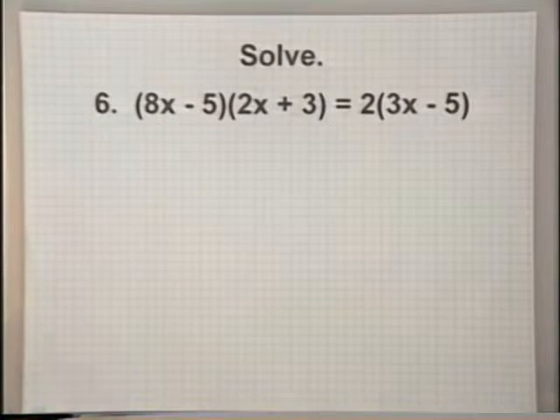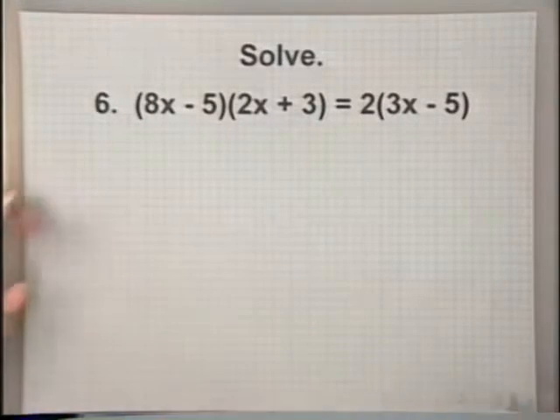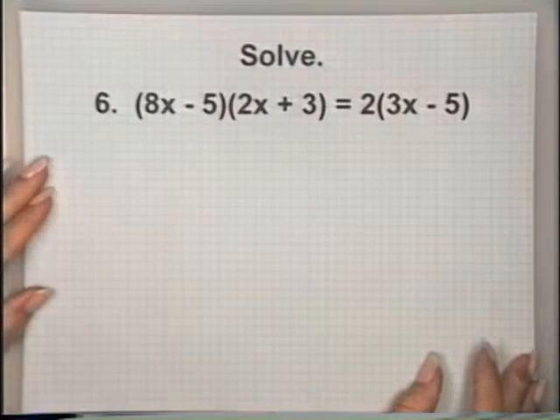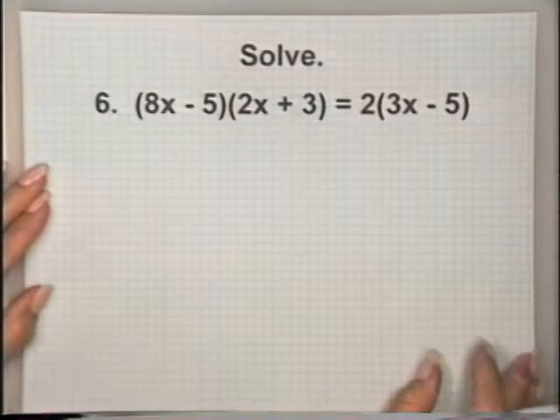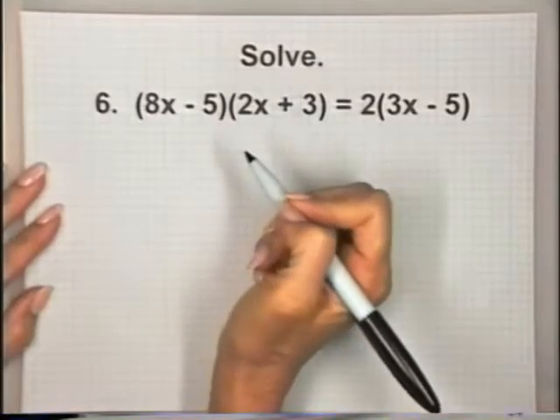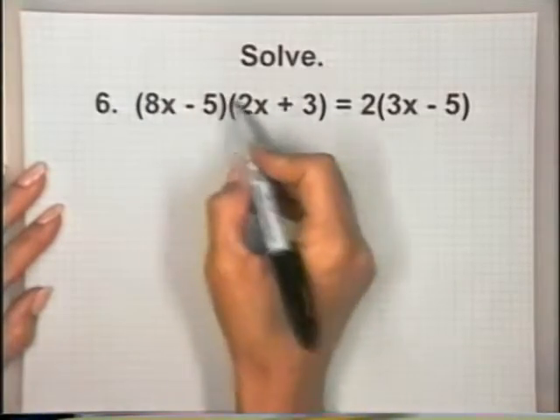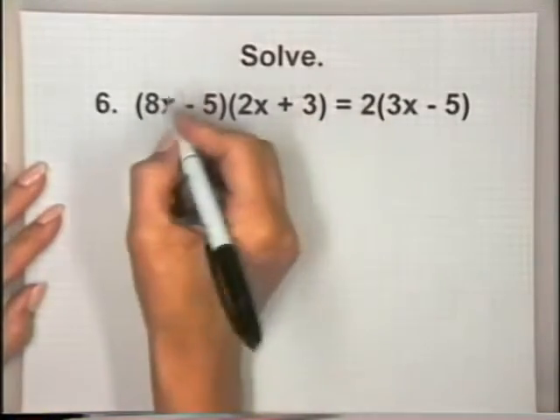Now, let's look at problem number 6 we are to solve. Well, before we determine whether it's quadratic or not, we know we've got to remove the parentheses. So we'll remove the parentheses first, and then we'll be able to tell it's quadratic. On the left, I have a binomial times a binomial, so let's FOIL.